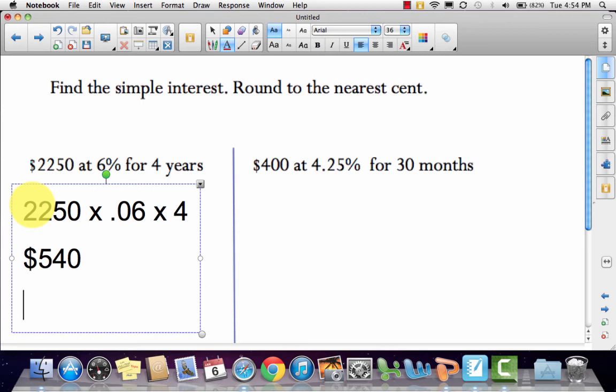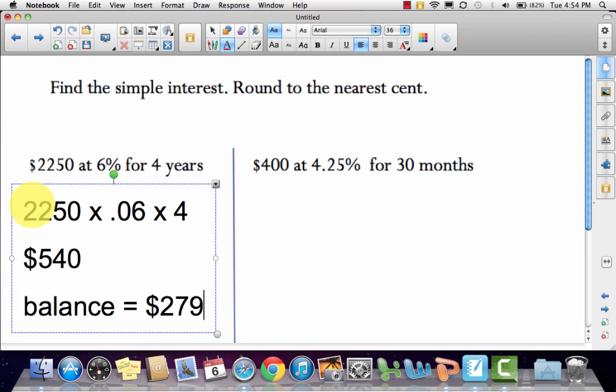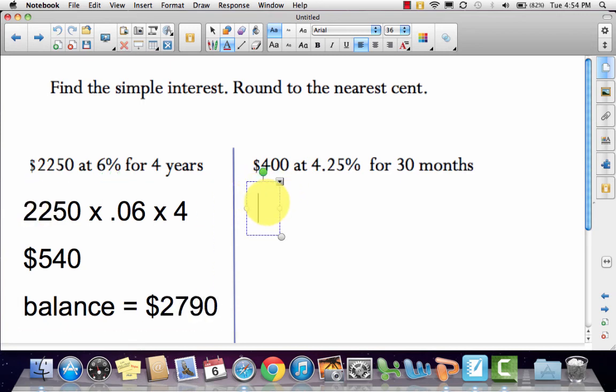And then for your total balance, you end up with a balance of $2,790.